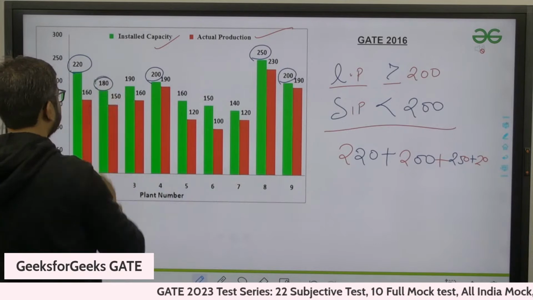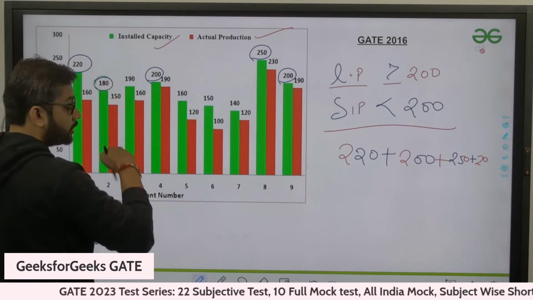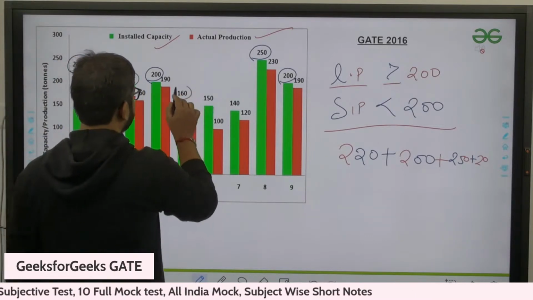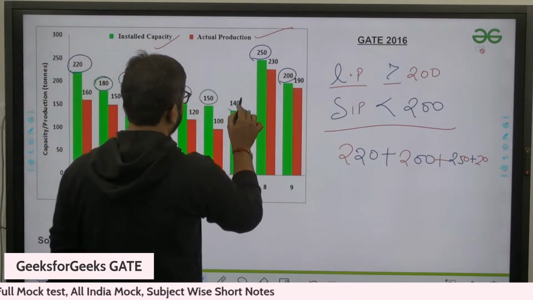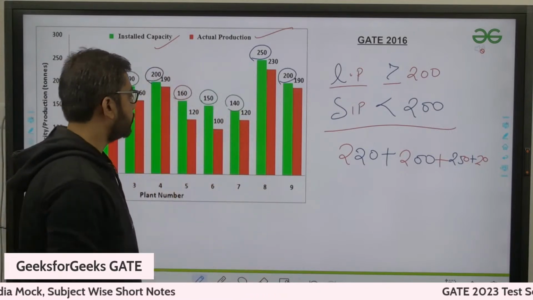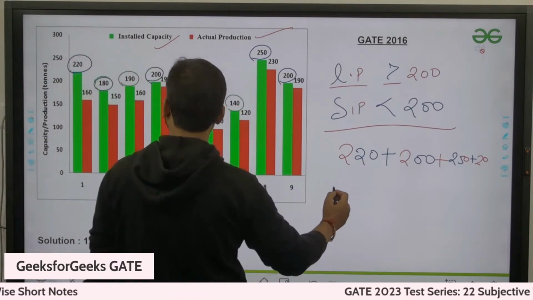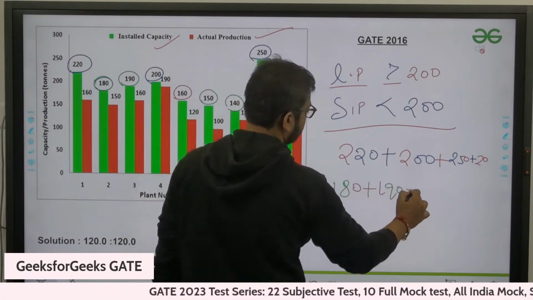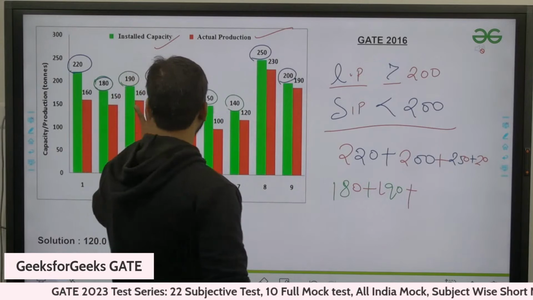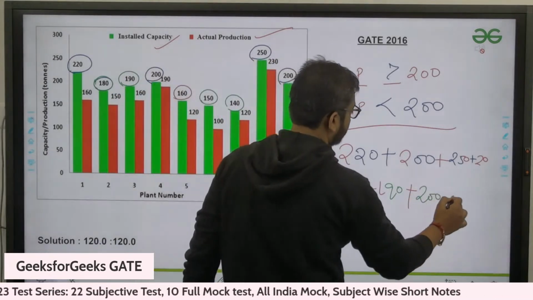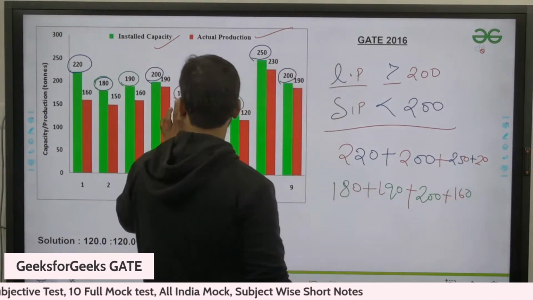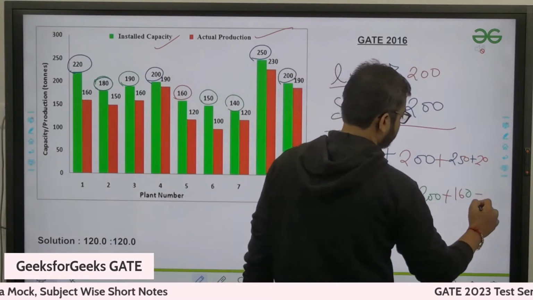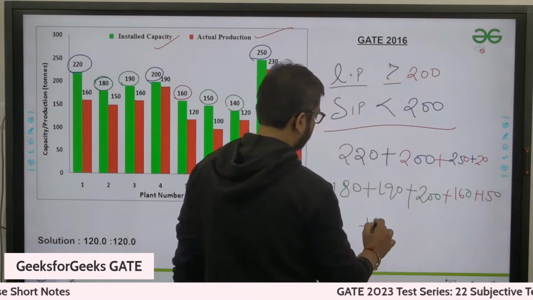Next we are talking about the small plants: 180, 190, 160, 150, 140. So 5 plants are small plants.